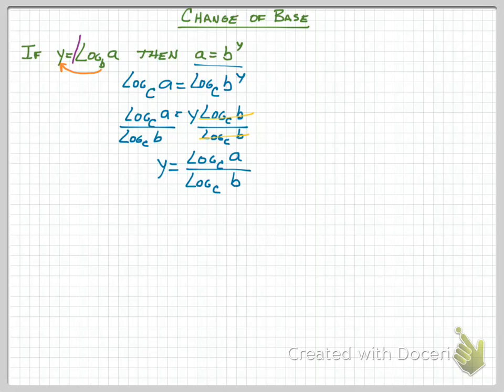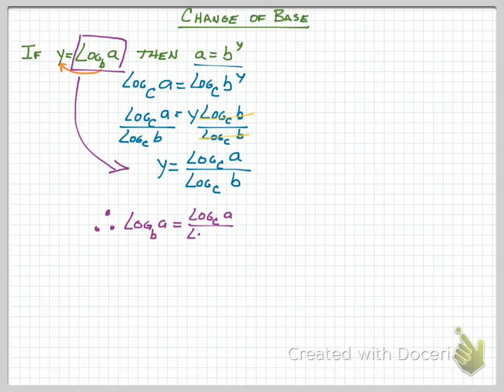Now, we know that log base b of a is the same thing as y, right? We said so at the very beginning. So if we plug that back into our equation, we get log base b of a equals log base c of a over log base c of b. And right there, you can see that we actually changed the base from b to c.